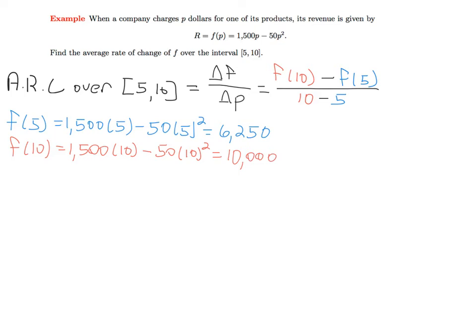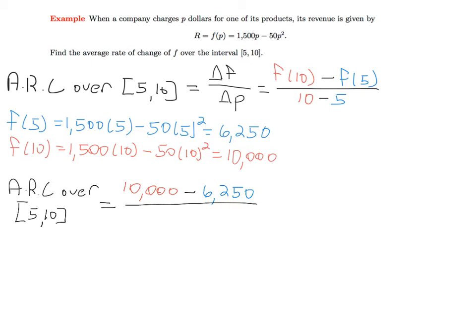So the average rate of change over this interval is going to equal F of 10, which is 10,000, minus F of 5, which we calculated to be 6,250, all divided by 10 minus 5, the change in the price.